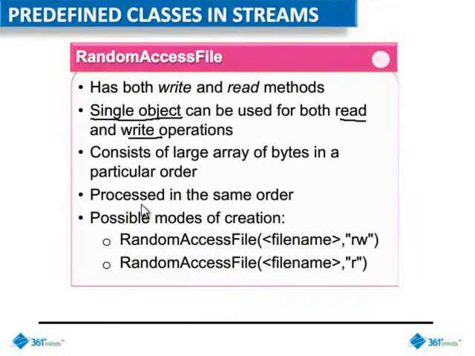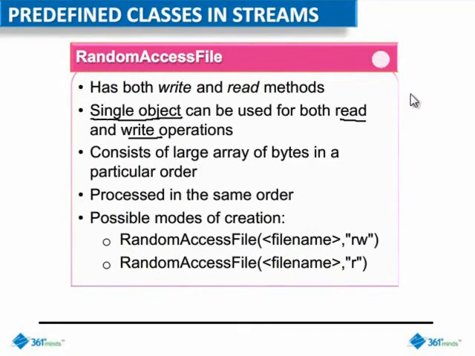And when using random access files, you can change the modes of the file. So what are the modes of a file? Like say for example in Unix it is read, write and execute, whereas in a Windows platform it is read, write or the hidden thing.